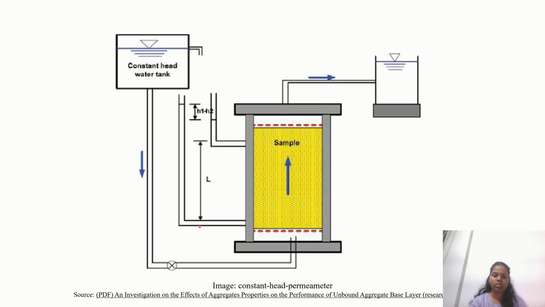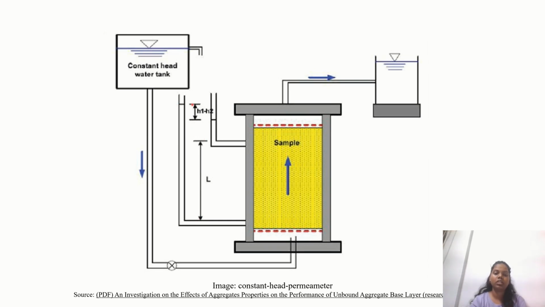So to know the coefficient of permeability, that is K, we have the formula Q into L, the whole divided by A into T into delta H, where Q is the amount of water that is collected in a measuring jar for a time interval T. L is the sample length across which delta H is measured.